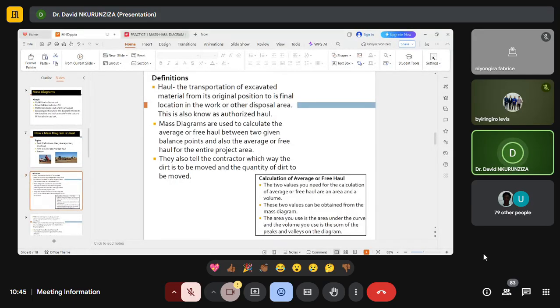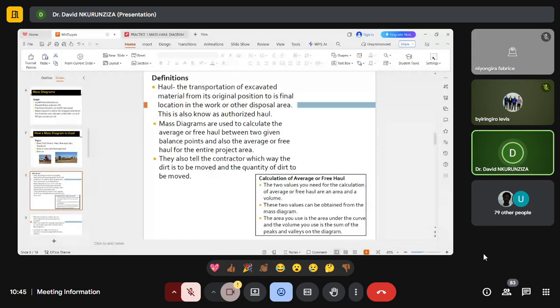It refers to the horizontal distance, or the transportation distance, that the earthwork has to be transported from the point where it is excavated, from the cut, to the point where it is used for embankment or for fill.